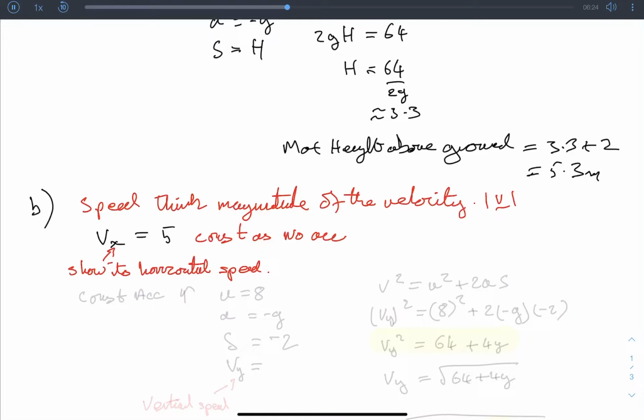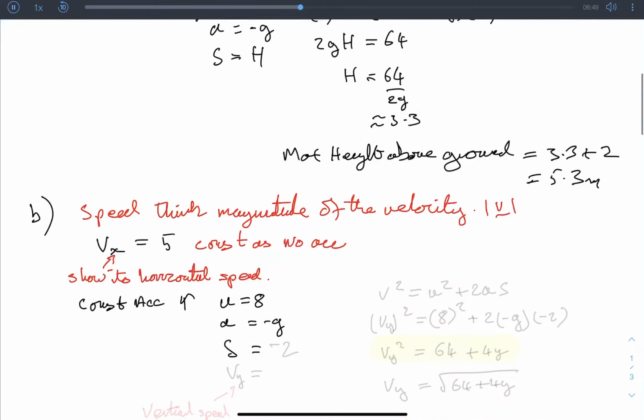So to do that we're going to be using our constant acceleration equations vertically, and we know u is equal to 8, and we know a is equal to minus g, and we know that when it hits the ground, s, well, we've not been as careful as we might have been, but we should define our origin, so it's up to us where we put the 0.